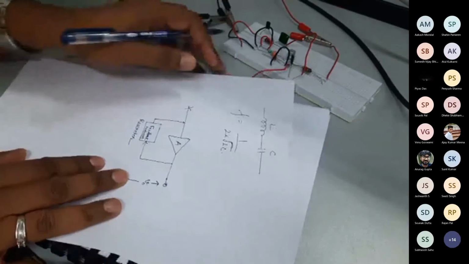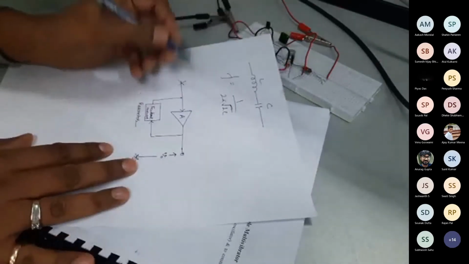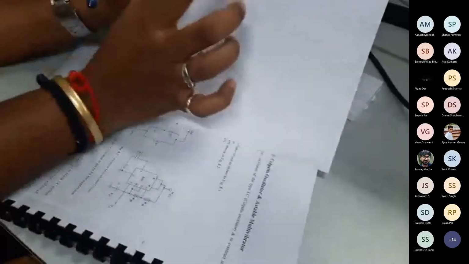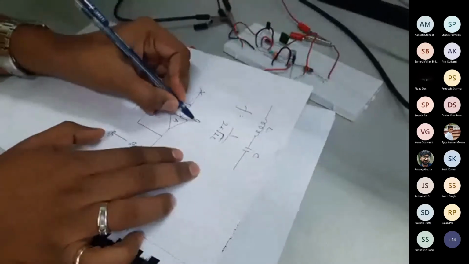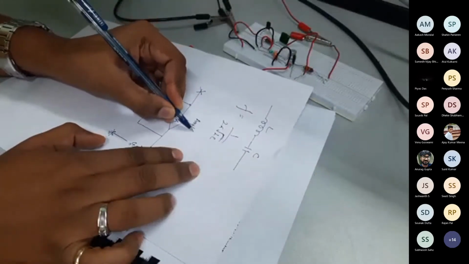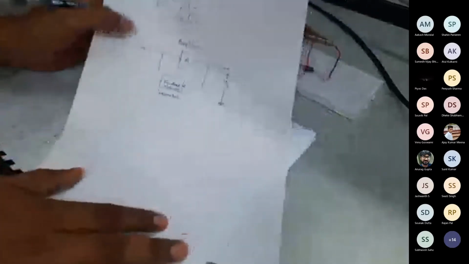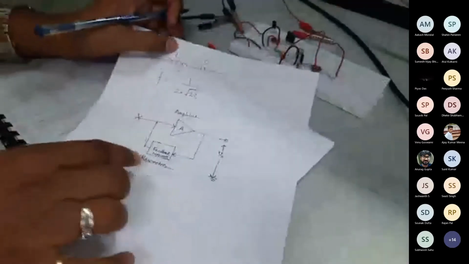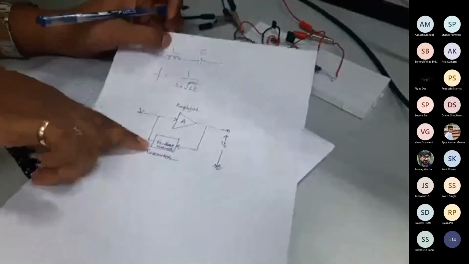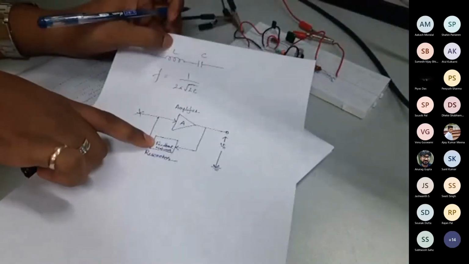So this is the amplifier, and this is the kind of electronic resonator.